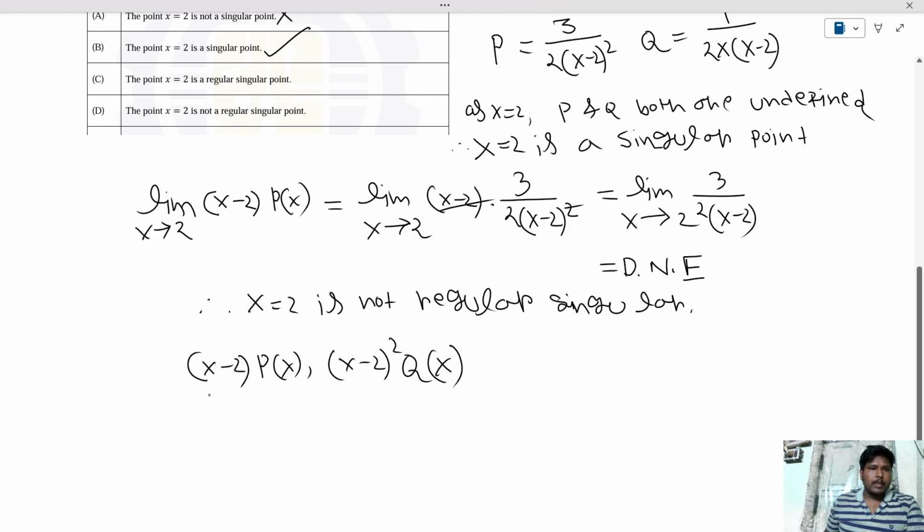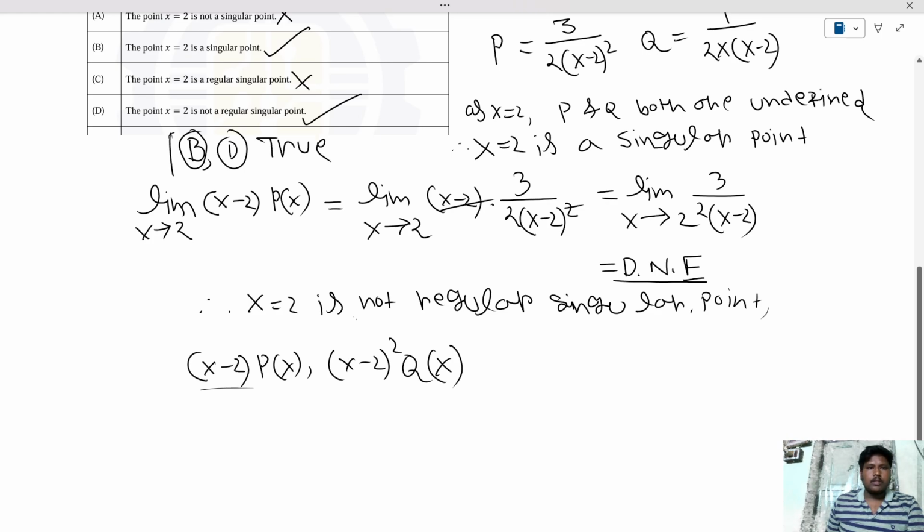But here we already saw that (x minus 2) p(x) does not exist. That's why x equals 2 is not a regular singular point. It's an irregular singular point. So B and D are the only true options.